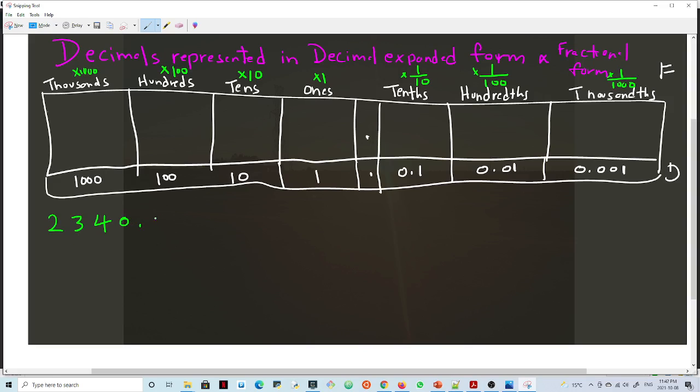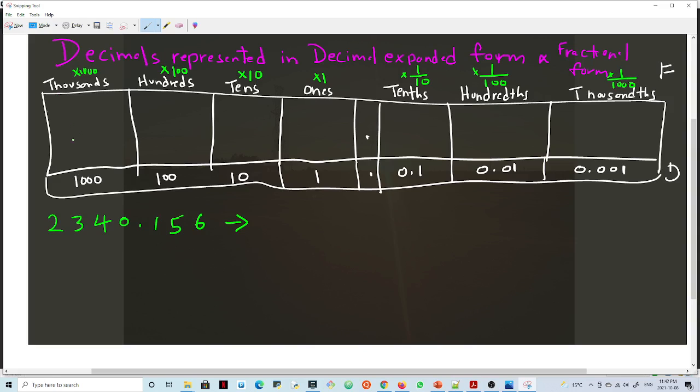Point 1 5 6. You're given this number and you're asked to show it in the two formats, fractional and decimal. Now we can just take this number here, 2340.156, and place it in this table here.